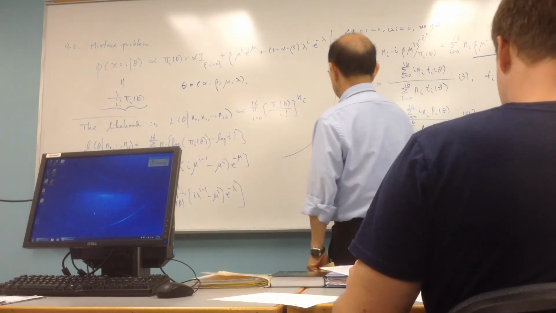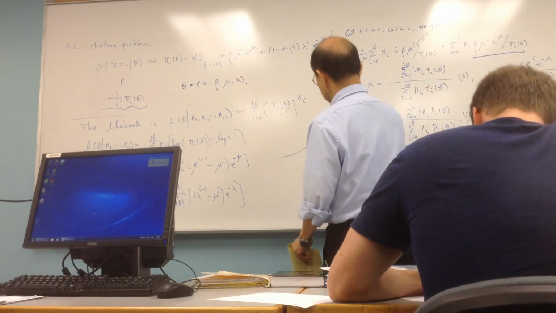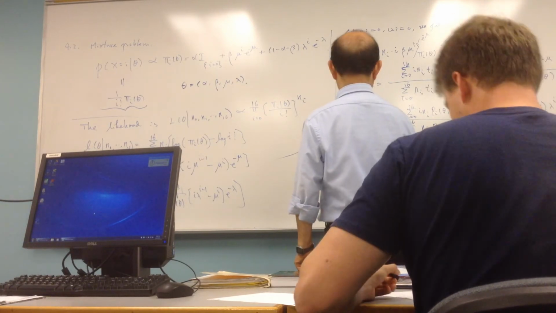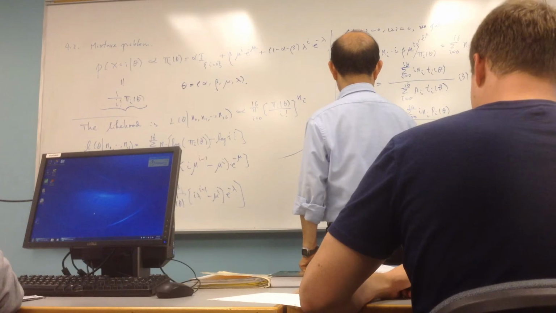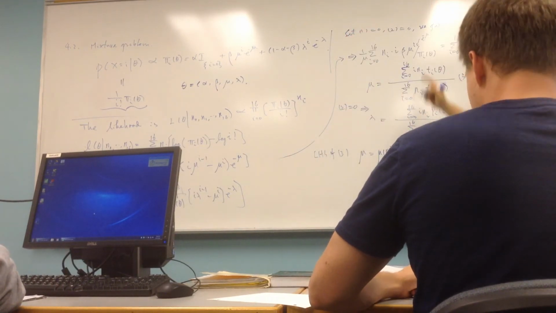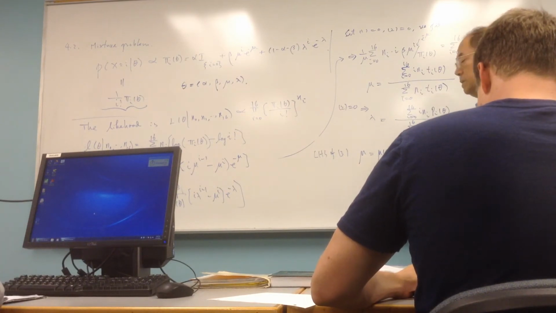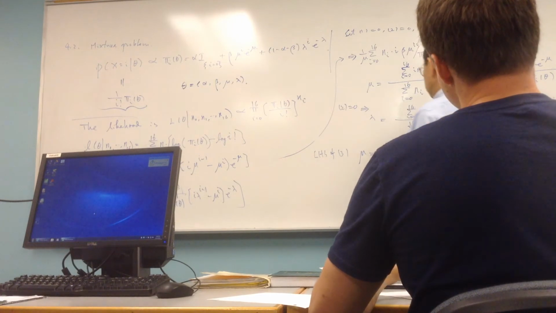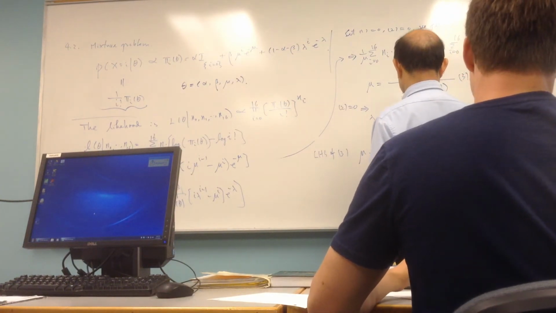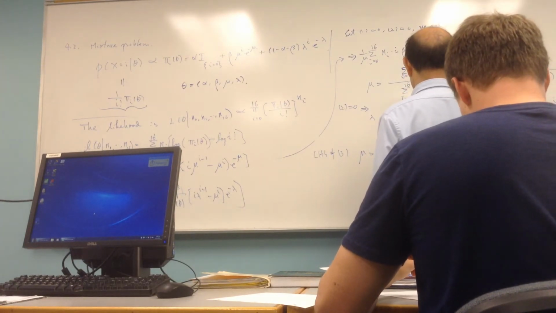So from the right hand side, let me see. Left hand side of 3, mu is really mu of the theta, because this is a function of the theta in here. Okay? So mu is really mu of the theta, and this is the right hand side of 3.